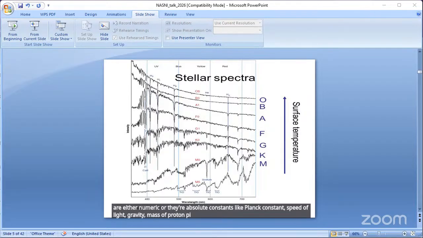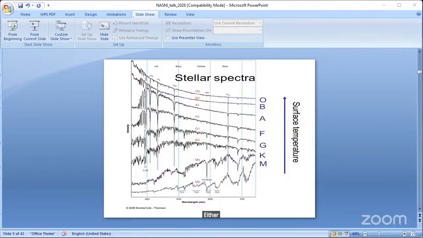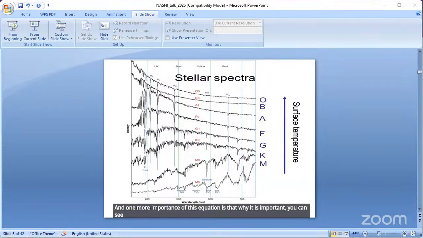It happens to be always a constant. So if somebody comes up with a new Chandrasekhar mass limit, either we have to change this or we have to change our entire physics. And one more importance of this equation is that you can see 400 years of physics involved on the right hand side.